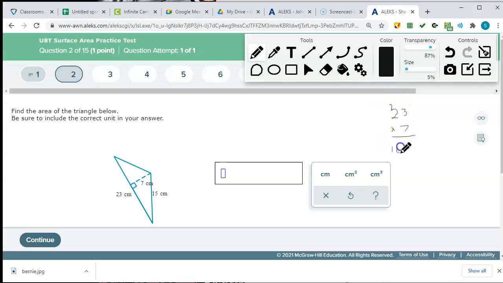And then the triangle is half the rectangle, so we take our 161 divided by 2, and we get 80.5 square centimeters.